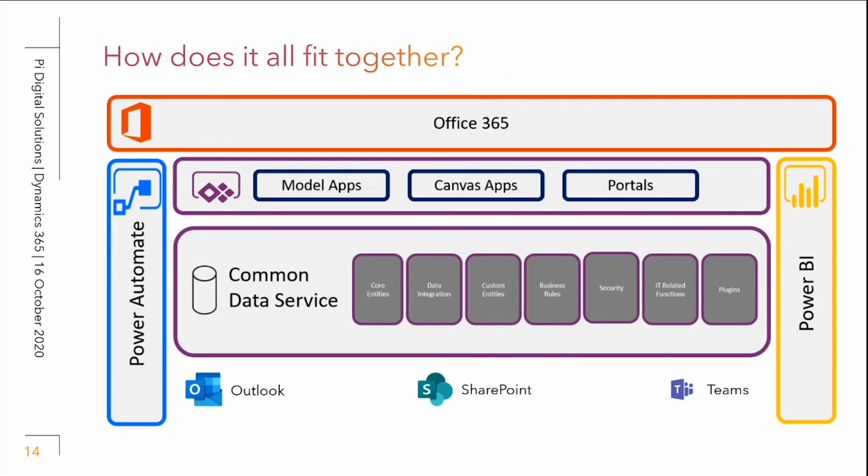Then, as you've already seen, you've got different connections to specific things within Office 365. So we've got Microsoft Outlook, the long-term partner of Dynamics, same with SharePoint as well. And as we've already discussed quite a bit, we've got Teams as well. Power Automate and Power BI fit together with this as much as Power Apps does in many ways.